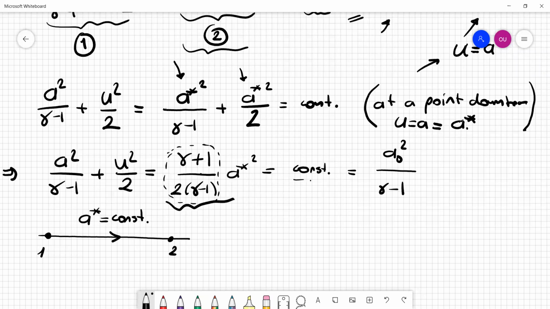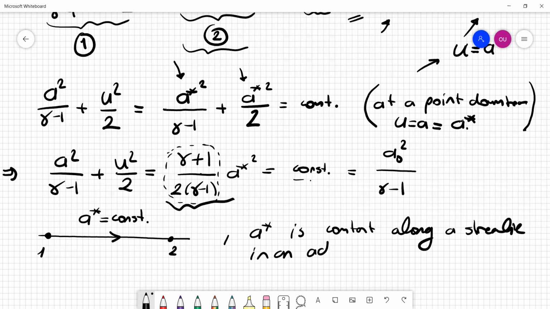So a star in an adiabatic flow is a constant along a streamline in an adiabatic inviscid flow.